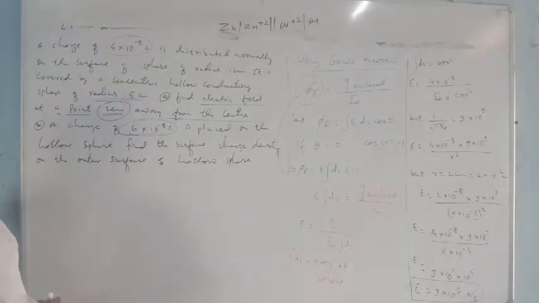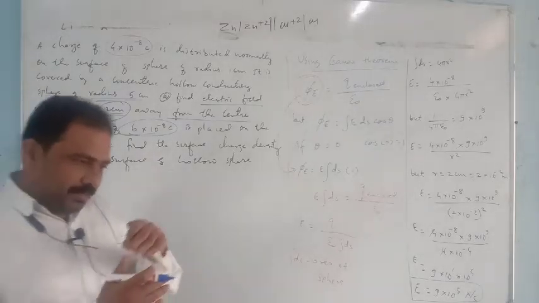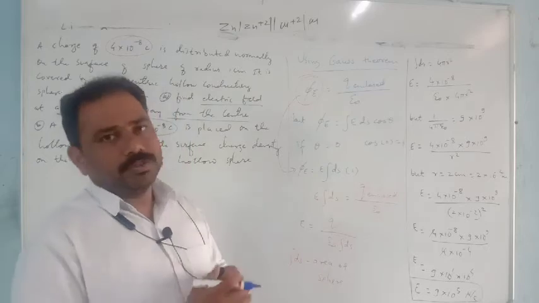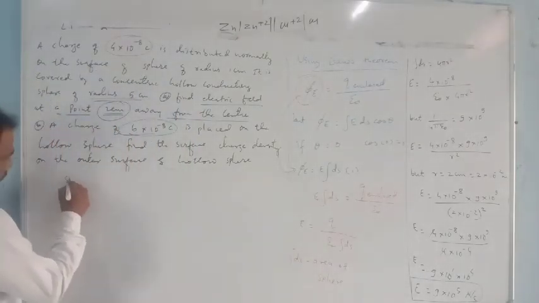Find the surface charge density on the outer surface of the hollow sphere. Means whatever may be the outer surface of that hollow sphere, you have to find the surface charge density, and we know surface charge density.